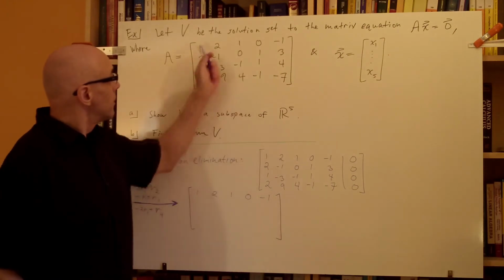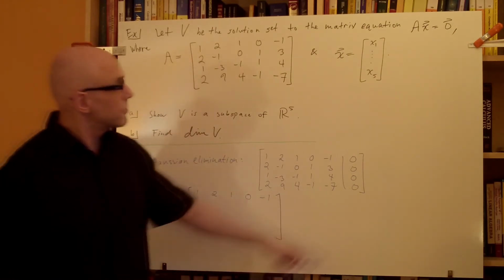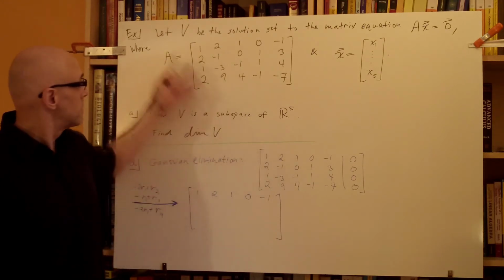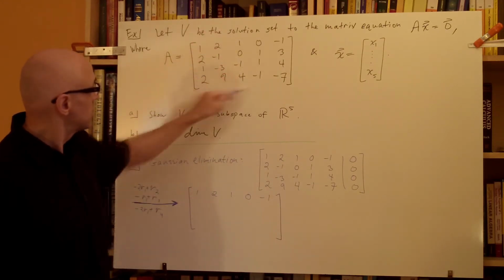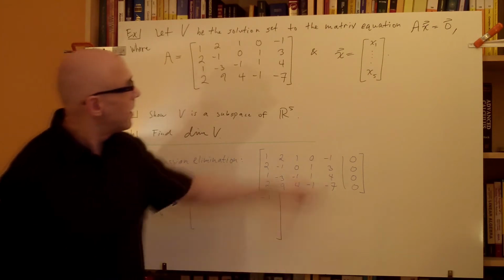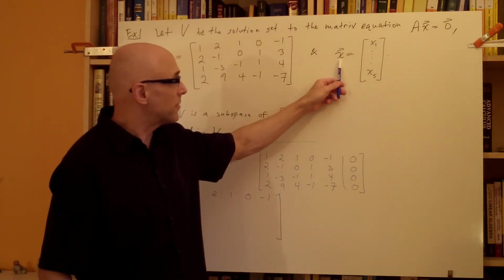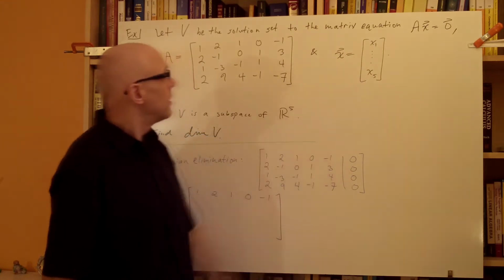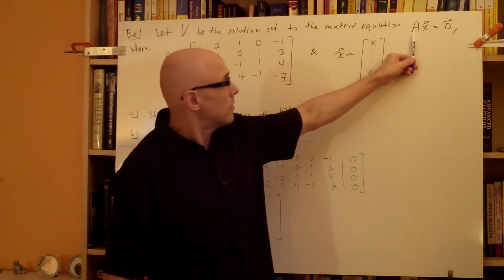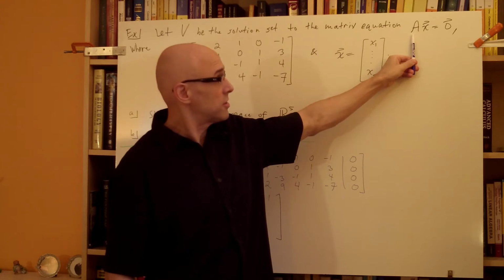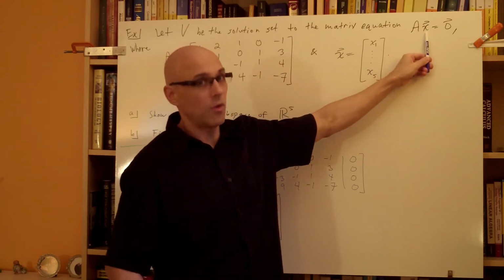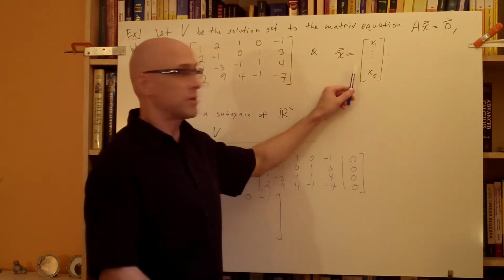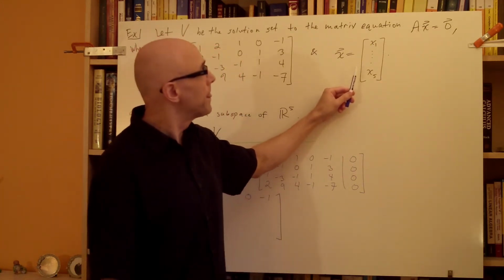Let V be the solution set to the matrix equation AX equals 0. Matrix A will be this 4x5 matrix, as you see. This would mean that the vector x would need to be a vector in R5, because with a 4x5 matrix, you have to multiply it with a 5 by something matrix, and x therefore must be 5 by 1.